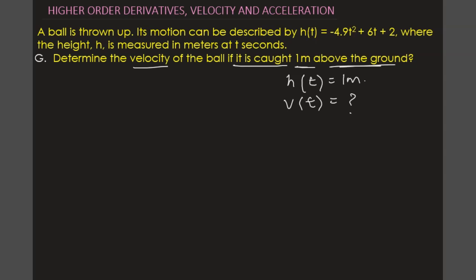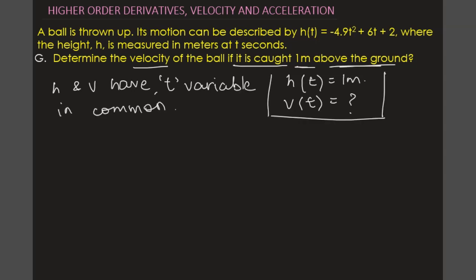Now we see that height and velocity have one variable in common, and that is the t variable. So all we can do is find out time from the height equation and sub that time in the velocity equation. In order to find out time when height is 1 meter, we'll put the height equation equal to 1, and we would solve for t.